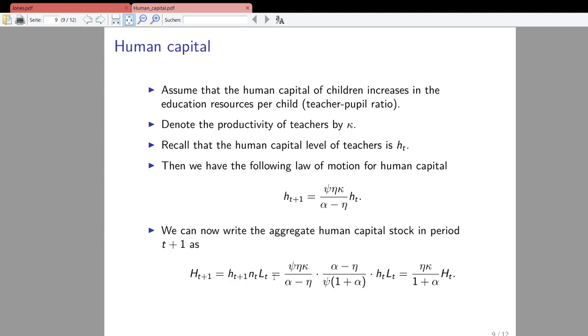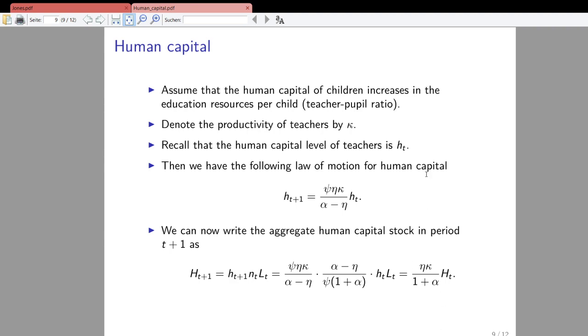And then we still have lowercase h_t from this expression here and the population size from this expression here, but the definition of h_t times L_t is that it is the aggregate human capital stock. And then we see alpha minus eta drops out here, psi drops out here, and what remains is eta kappa over 1 plus alpha times H_t. So we have an accumulation equation for the aggregate human capital stock, from which we can derive the growth factor of aggregate human capital.